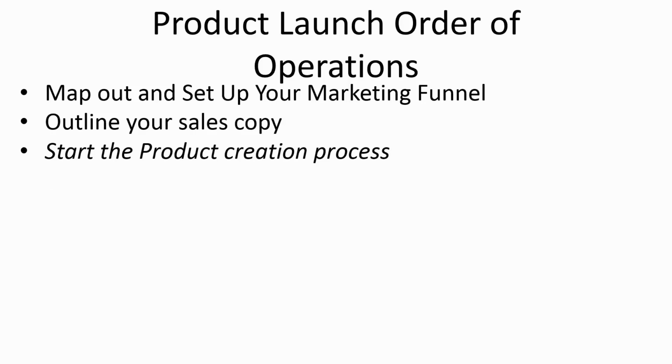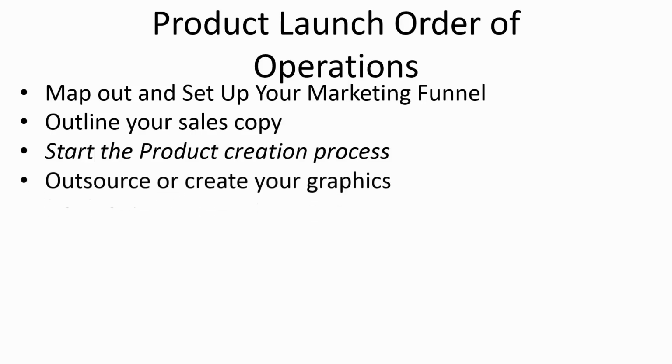Once you've done that, you can then start the product creation process. You can start putting your videos, your audios, your PDFs, anything else together. You should then start outsourcing or creating your graphics. This part will be easy for you if you have already outlined your sales copy. What happens to people often, and I've seen this, and it's actually happened to me too, is you finish the entire product, you then have to start writing sales copy and outsourcing graphics.